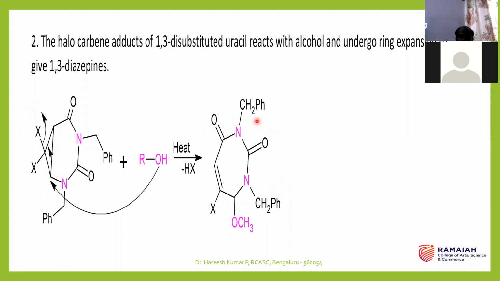That is how a 7-membered ring, more particularly a 1,3 diazepine, is obtained. So 1,3 diazepine can be synthesized starting from the dihalocarbene uracil compound when it is treated with alcohol on heating.